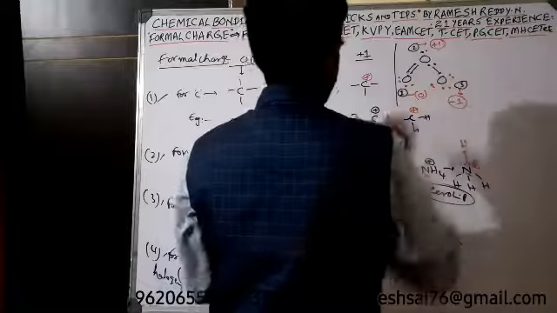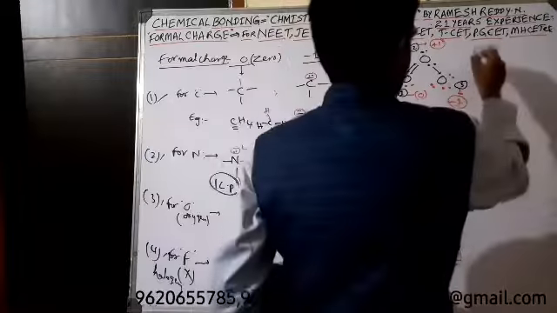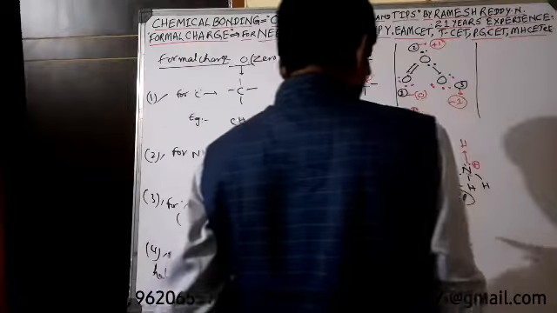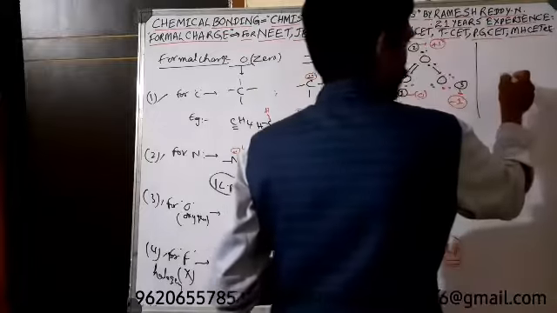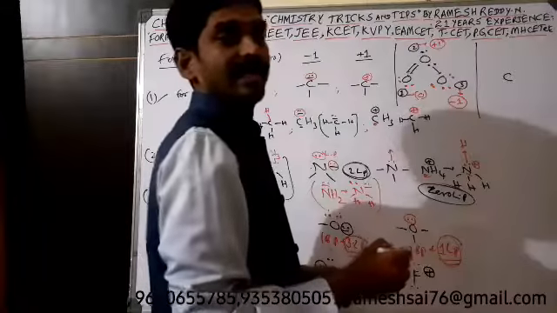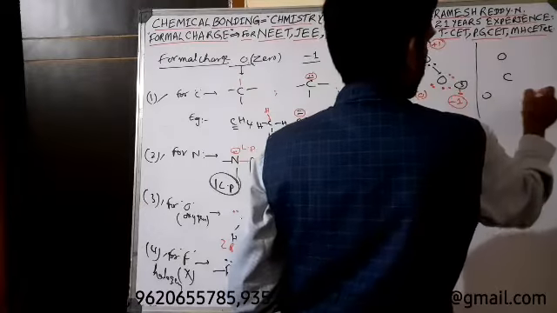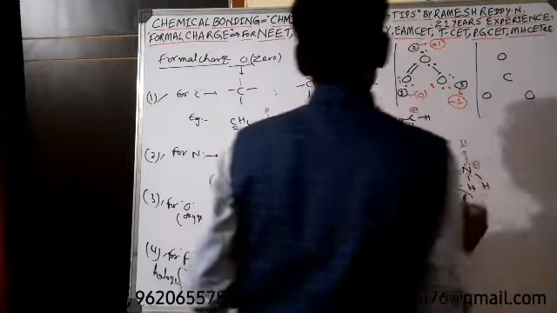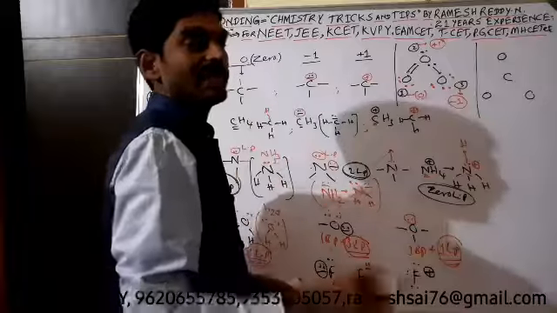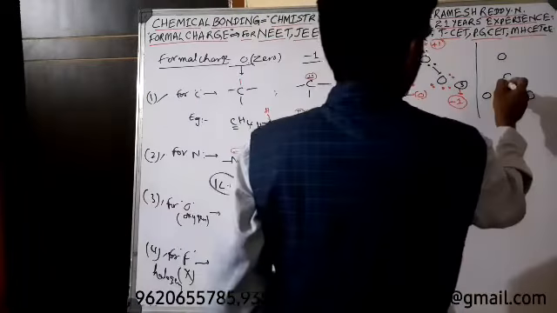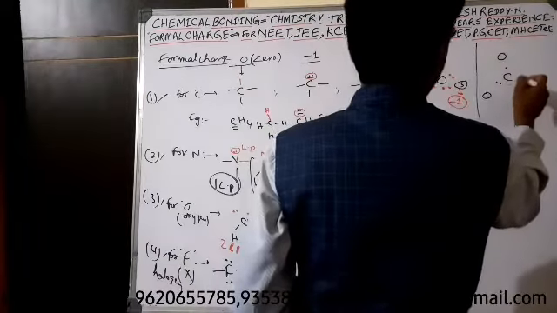Next, one more example. The molecule is the carbonate ion, CO3 2 minus. So carbon is bonded with 3 oxygen atoms. Carbon has how many valence electrons? 4 valence electrons: 1, 2, 3, 4.